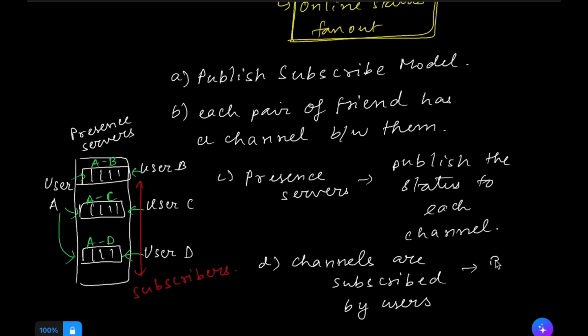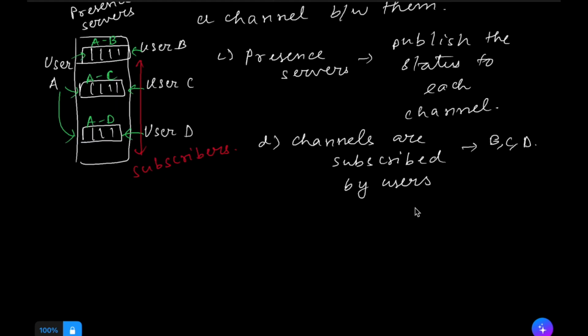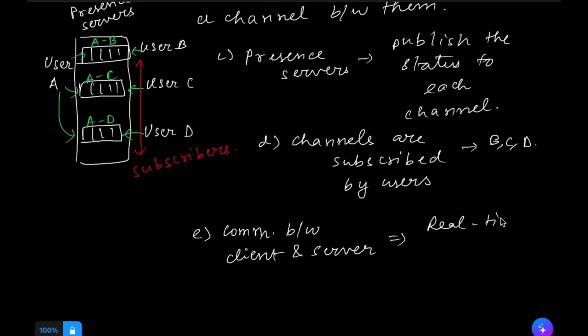Let's say we have user B, C and D, and the communication between the client and the server, as we have also mentioned, happens through the real-time WebSocket protocol.